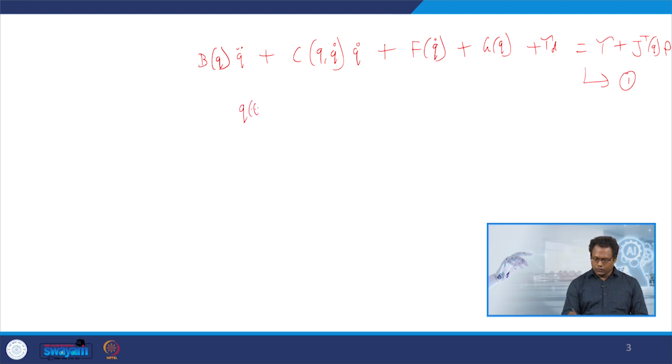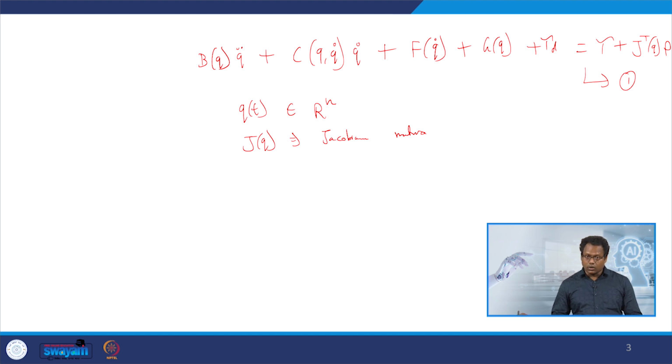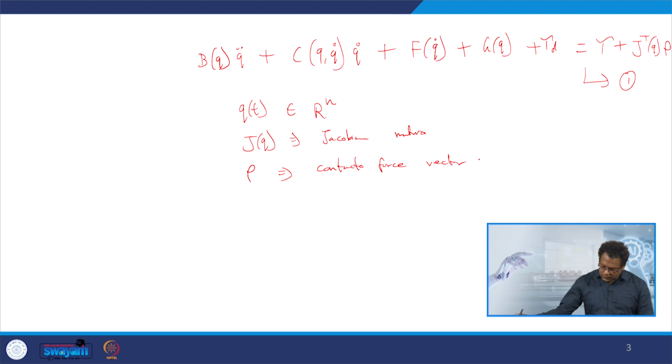Here q of t belongs to the n dimensional Euclidean space and J of q is the Jacobian matrix that is associated with the contact surface geometry, and rho is basically the contact force vector, you can say, exerted normal to the surface by the robot arm, and it is described in the coordinates relative to the surface.